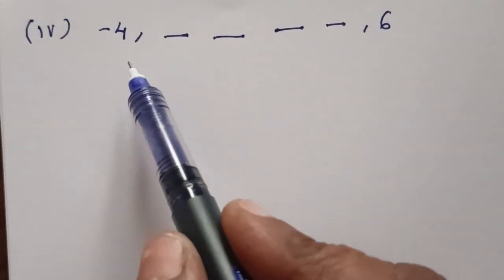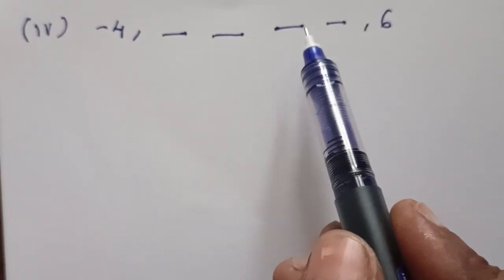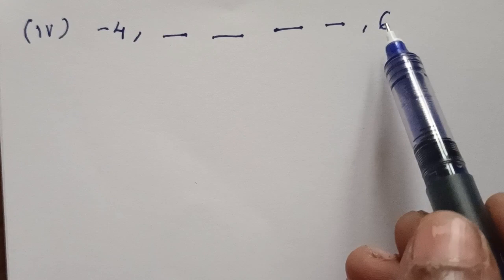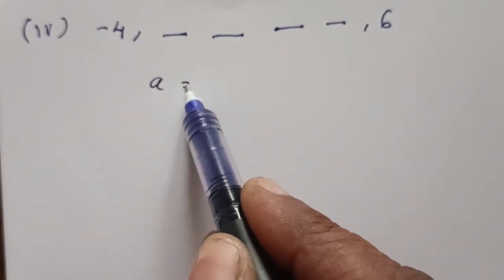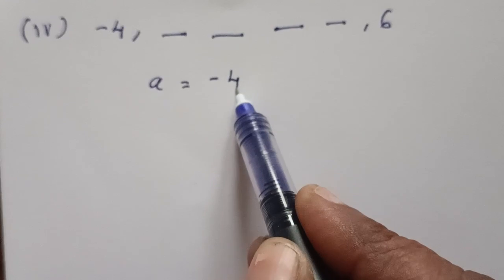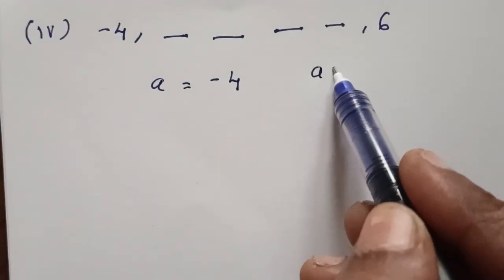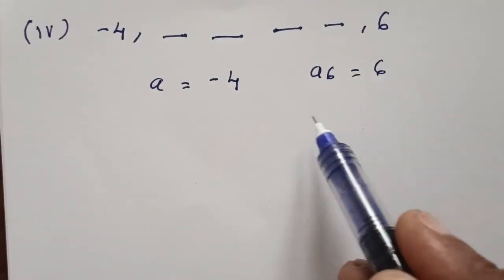Next question, minus 4. A2, A3, A4, A5 are not given. A6 is given, it is equal to 6. So first term A equal to minus 4 and A6 equal to 6, isn't it?